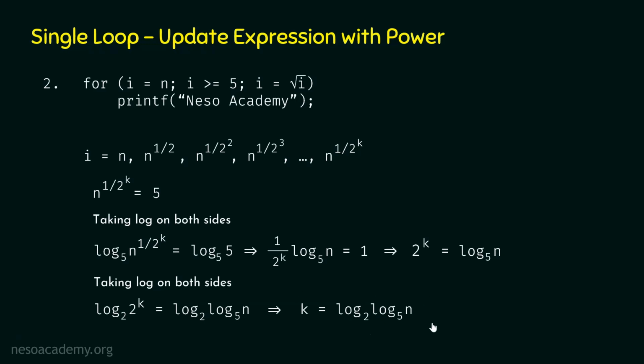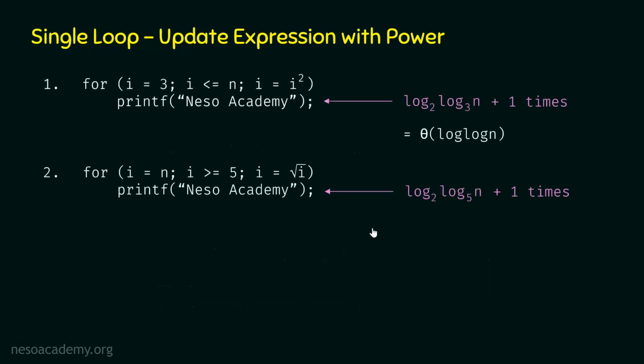So this is the final value of k, and we know this statement will run k plus 1 times, and the value of k is log base 2 of log n base 5. So this statement will run log base 2 of log n base 5, plus 1 times. And this means the time complexity is once again theta of log n.